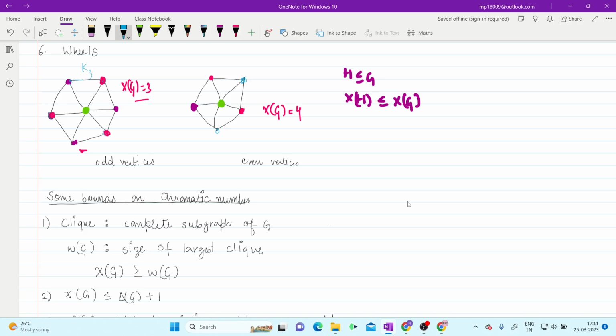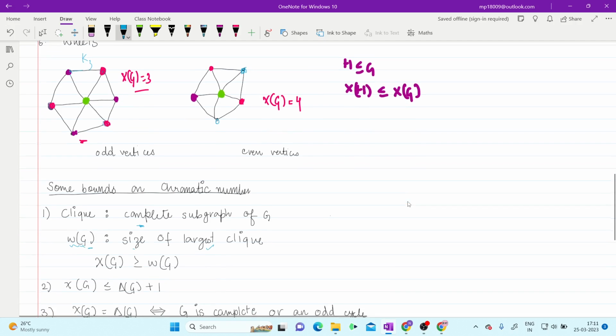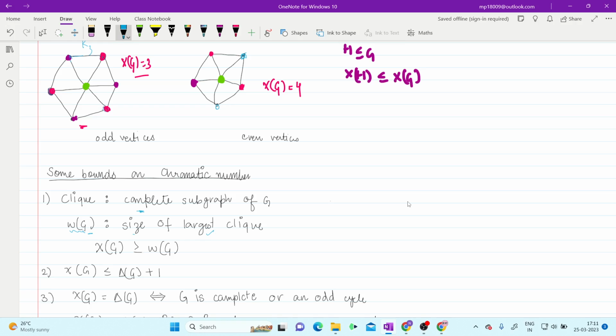Any complete subgraph of G is referred to as a clique, and omega(G) is used to denote the size of the largest clique.